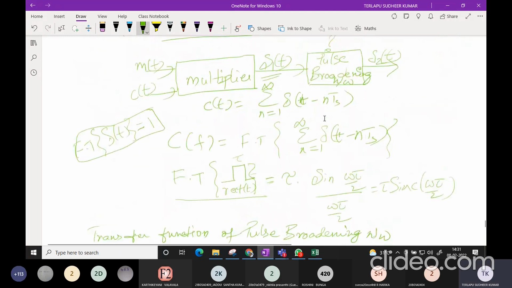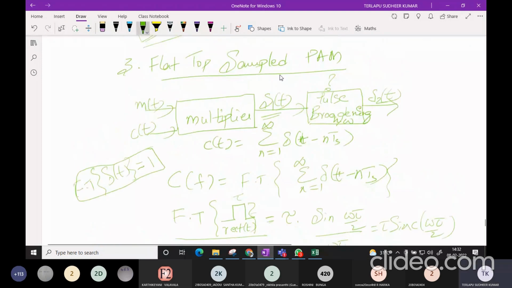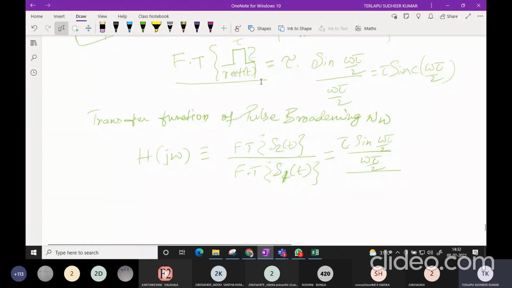My denominator, I said, here I have an impulse whose width is given by dt. Assume the magnitude is 1. So the area under this impulse will become, the height of the pulse is 1 and the width of the pulse is dt, so the area under the curve will become dt into 1.